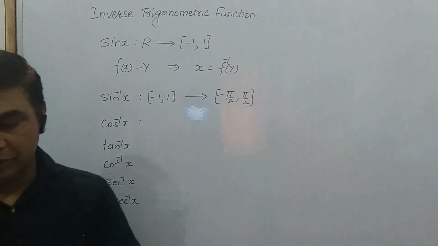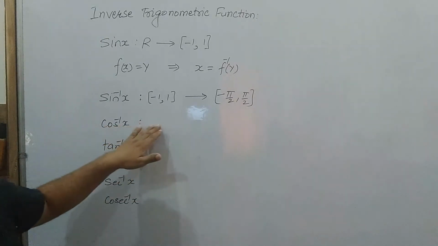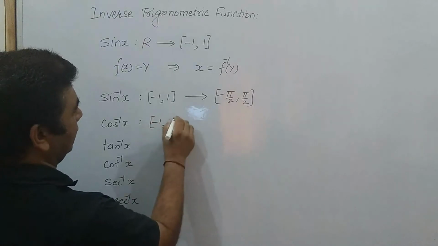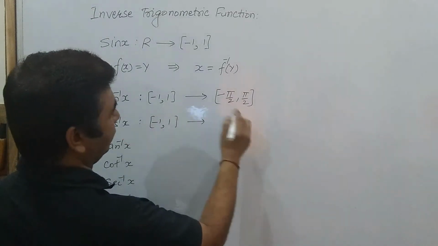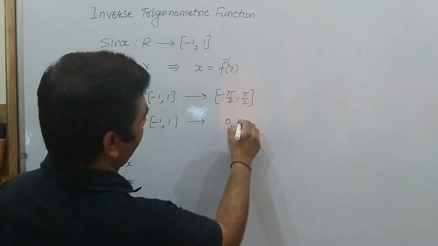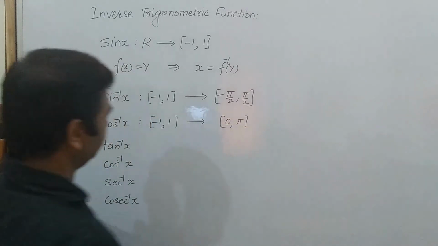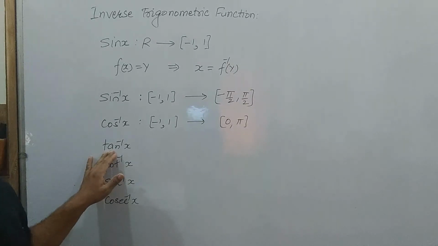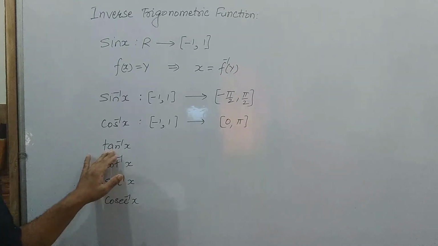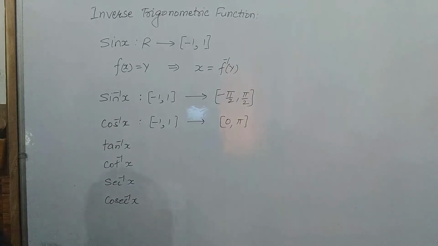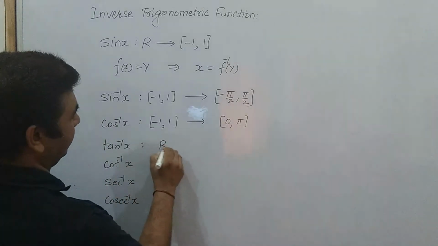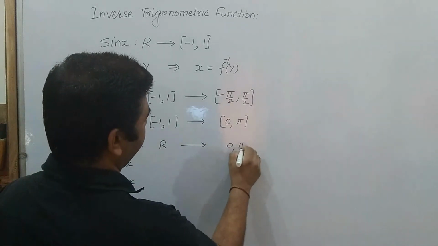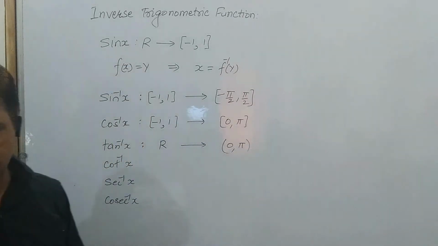Now the domain of cos inverse x will also lie between -1 to +1 and the range of this function will lie between 0 to 180. Tan inverse x is also the inverse trigonometric function for the tan function, whose domain will be real numbers and range will lie between 0 to 180, but in an open interval.